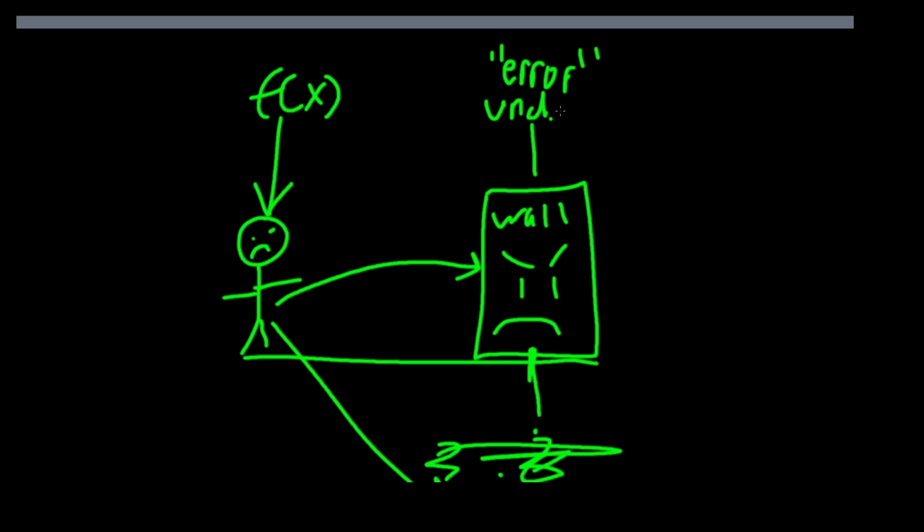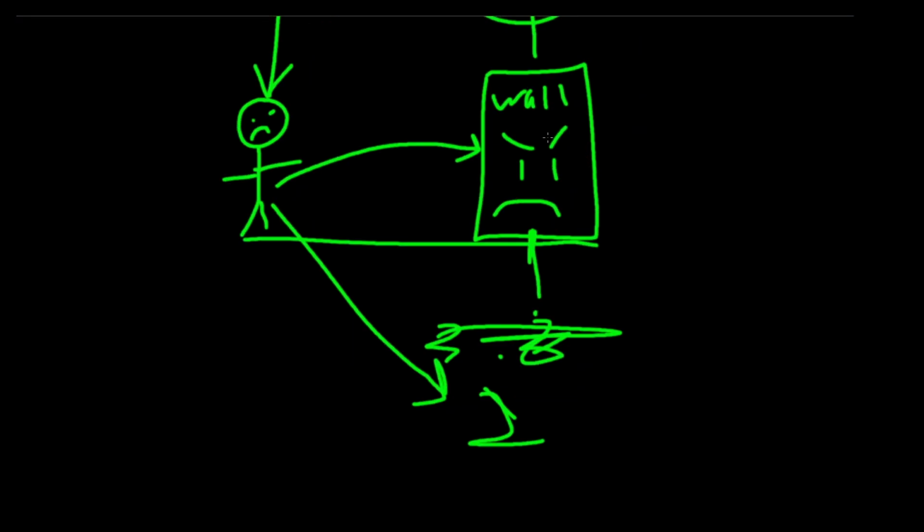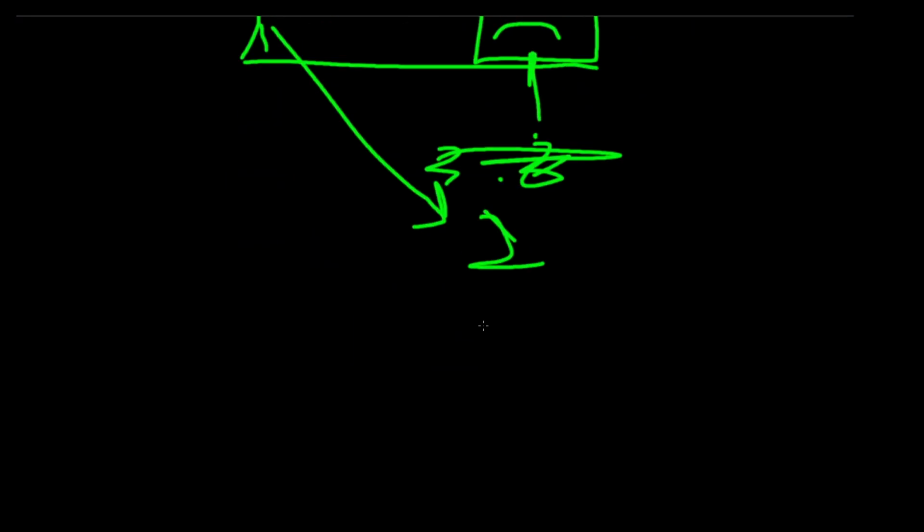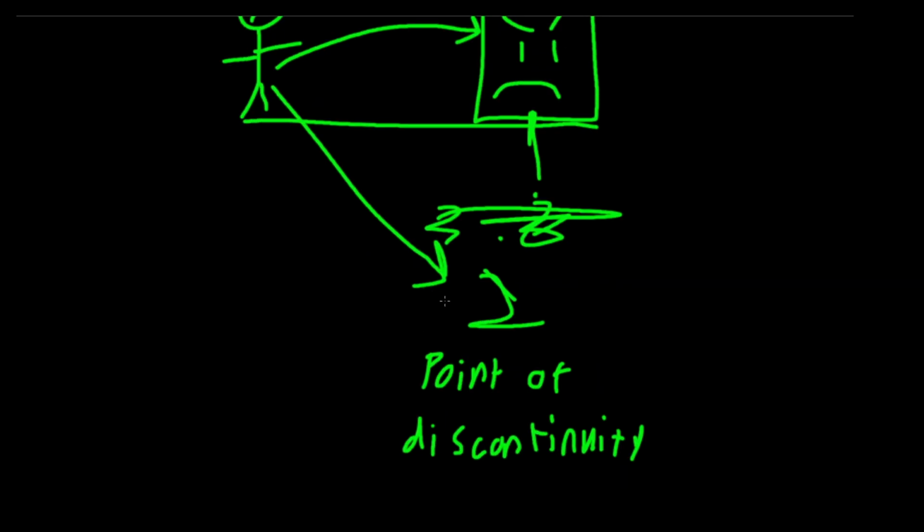You just put a dot here for undefined, or we can spell it out. And then this point right here is called a point of discontinuity. That's not important yet. I just wanted you to know. This 2 is a point of discontinuity.